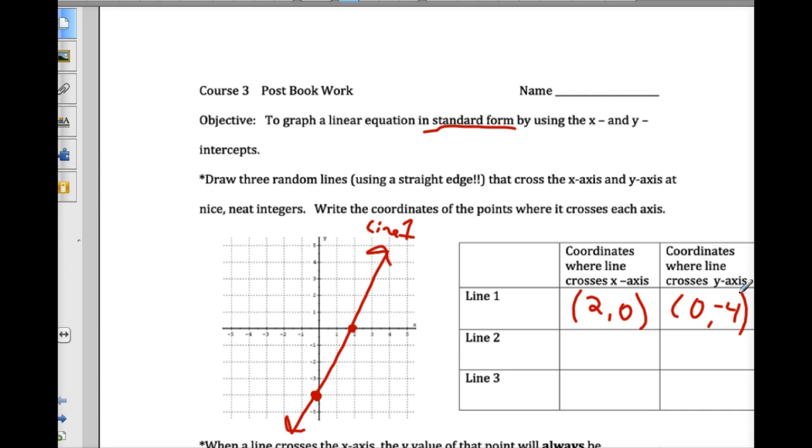That was just my line. You're going to have a different one. I want you guys to do that 2 more times. Random lines. Make sure they cross at nice, neat integers, and put the points into the table, and then look for a pattern. See if you're smart enough to figure out what happens every single time.